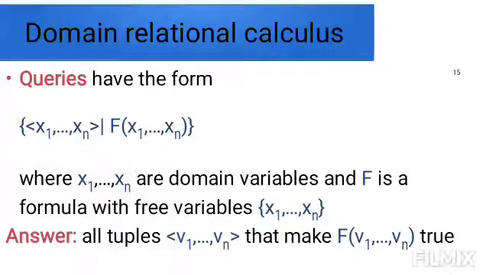An expression in the domain relational calculus has the following general form: x1, x2, etc., xn bar F of x1, x2, etc., xn, where x1, x2 are the domain variables that range over the domains of the attributes, and F is a formula with free variables x1, x2, etc., xn.